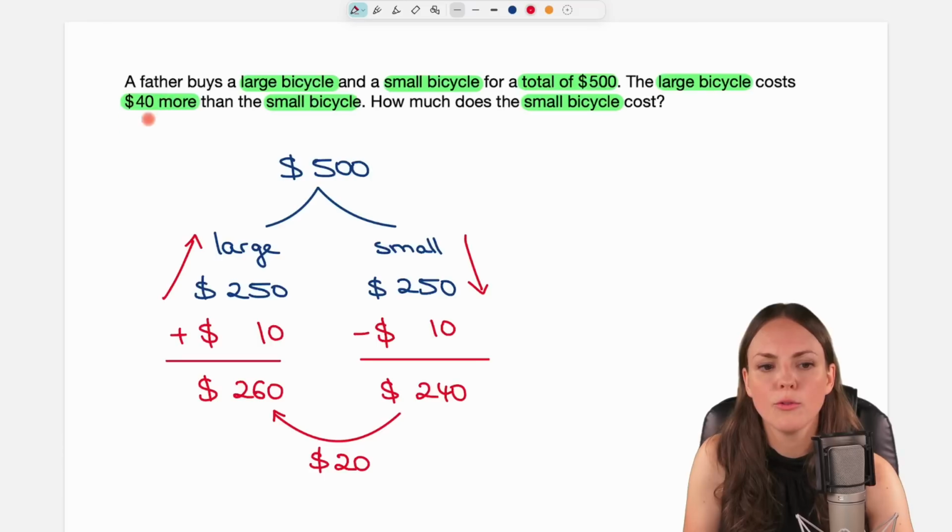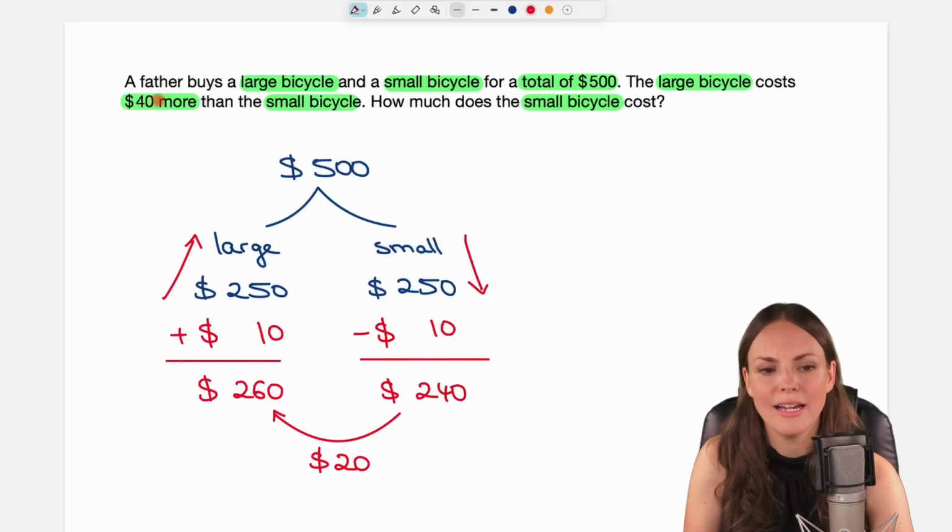Well, that's not the $40 yet that we were looking for, but we can analyze the structure of what we did. We get a $20 difference if we add 10 here and subtract 10 here. So we take half of this and add it here, and half of this and subtract it here.